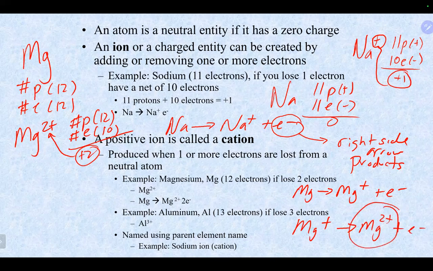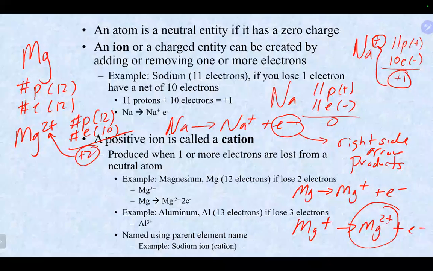So electrons are actually lost one at a time, even though sometimes we think of them all coming off at once. It's actually a stepwise process. There's a certain amount of energy required to do each of those steps, a certain amount of energy to pop off the first electron, a certain amount of energy to pop off the second electron. Which one would be easier to take off? The first one or the second one?